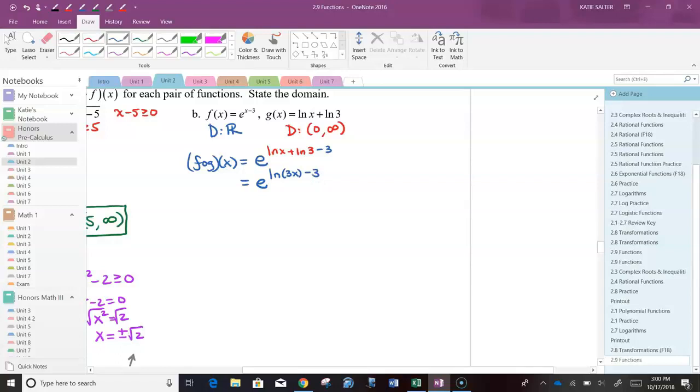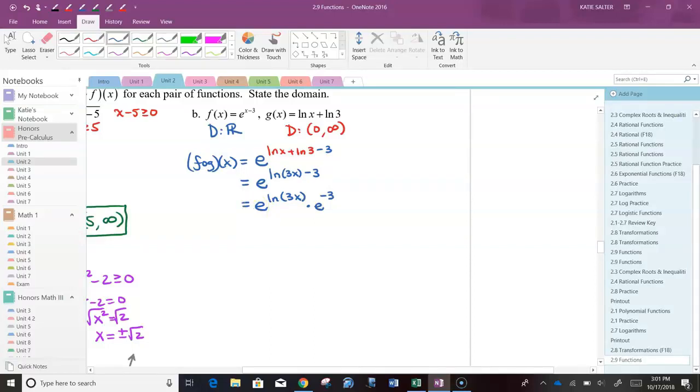We can actually use exponent rules and simplify this further from here. We could say that this is e to the natural log of 3x times e to the negative 3 power. Because remember, when we multiply like bases, we add the exponent, so we could always break up an addition or subtraction with the multiplication. By doing this, we can now apply our inverse property.